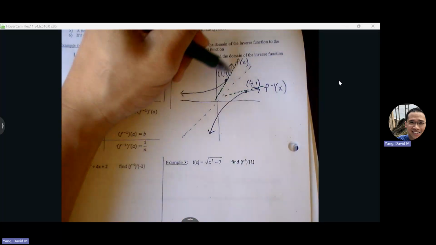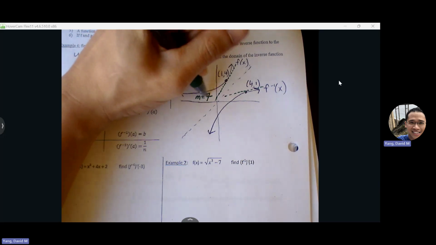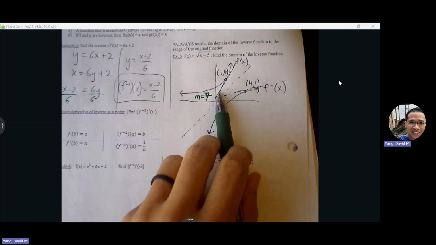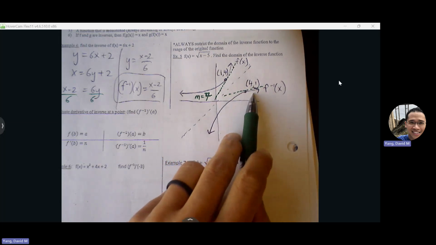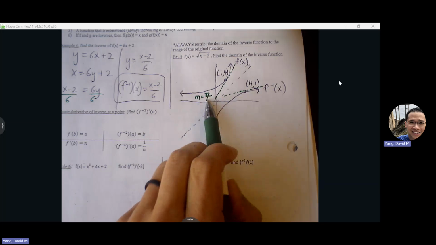Let's say the slope of this graph at 1 was 7. Right? Steepness of 7, pretty steep slope. If you had to guess, what's the slope of this? Yeah, it'll be the same numerical value. You're just going to take the reciprocal.